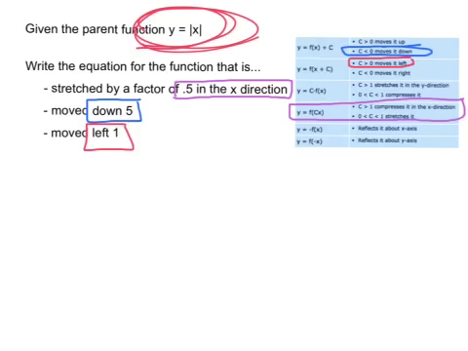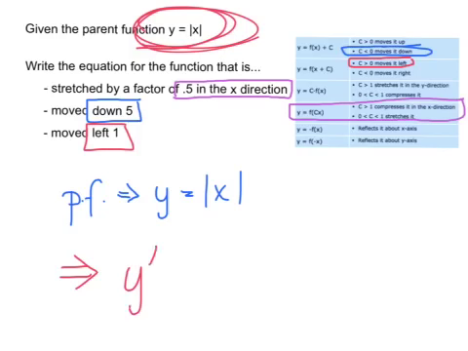Moves left. And over on the side we have a little cheat sheet for now. So when you rewrite your new function, if our parent function is y equals the absolute value of x, you will call the new function y prime equals what?